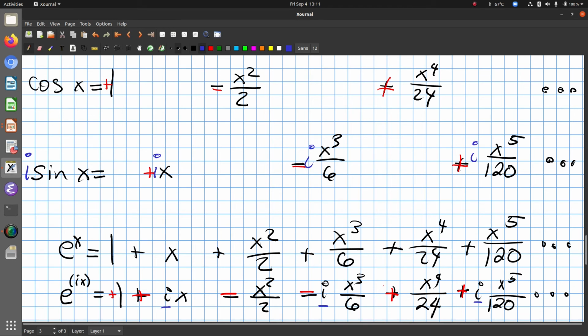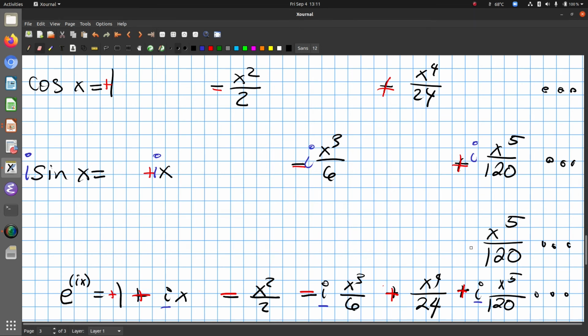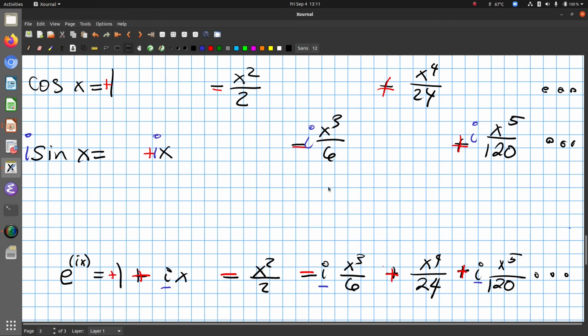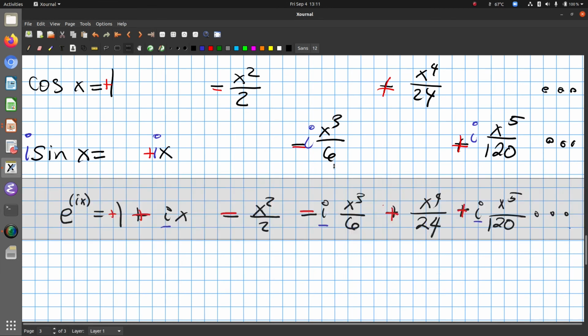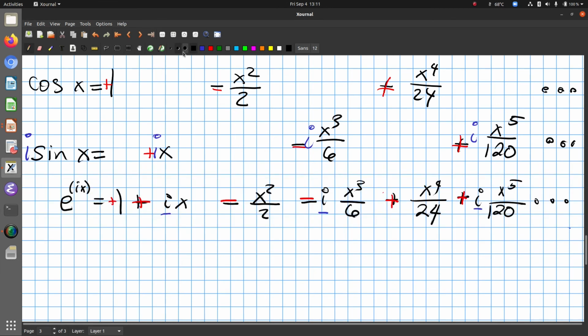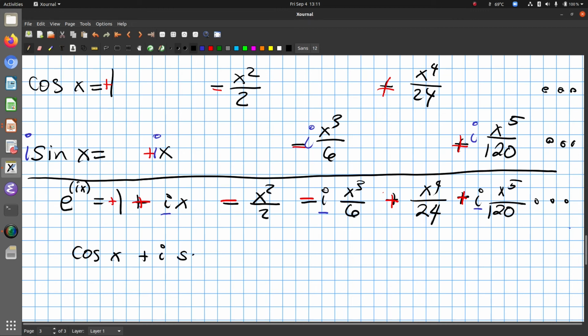So in particular, what this has found us is this amazing identity that is now attributed to Euler. People usually call it Euler's identity. If I add up these two expressions, you have cosine of x plus i times sine of x is equal to e to the ix.